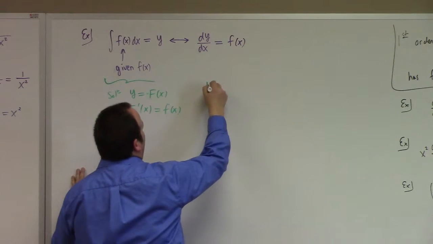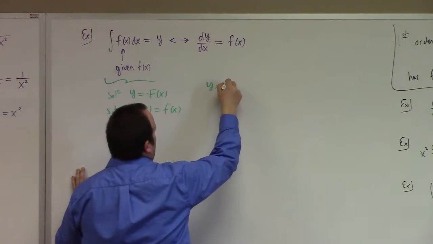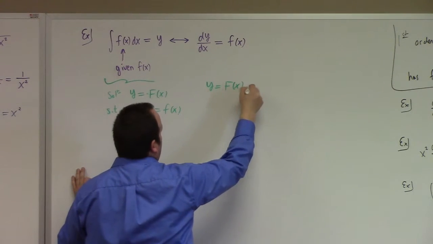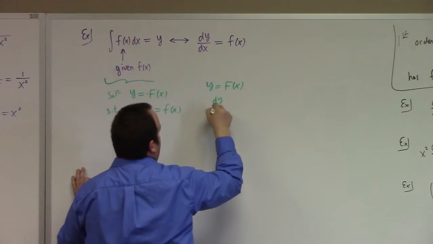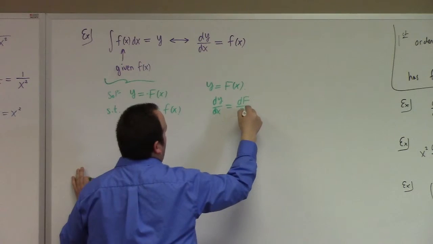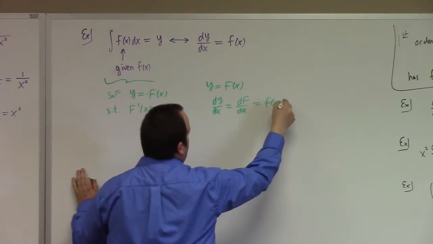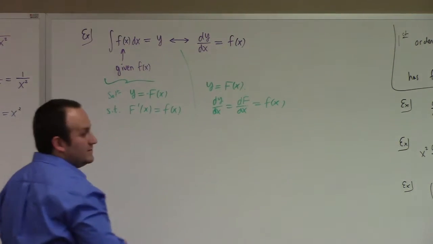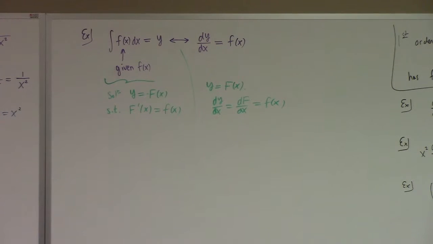A solution is y equals to F of x such that dy dx equals dF dx. I mean, this is just notational blah, blah, blah. My point is it's the same thing. So every time we integrate something, we're actually solving a differential equation. You've already been solving differential equations all along. You just didn't think of it that way, right?